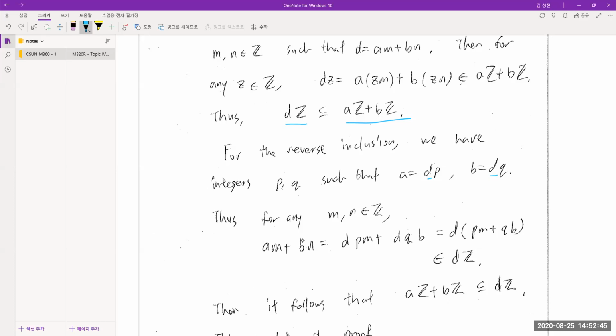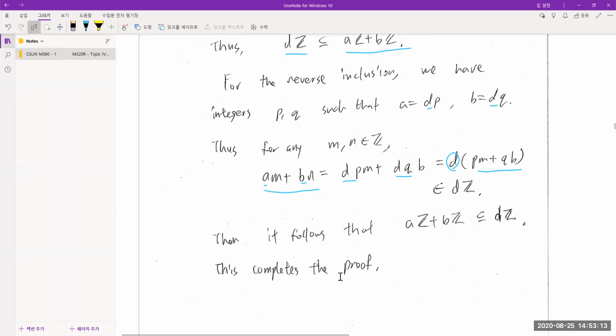Okay, so putting in a equals dp, b equals dq, and factor out the d, so we have d times an integer expression for any integer linear combination of a and b. So the right side is included in the left side.